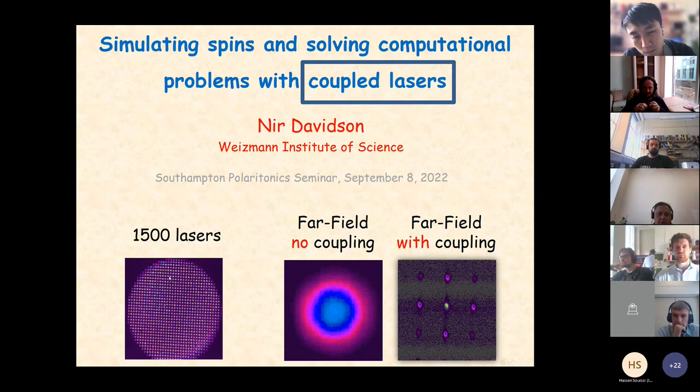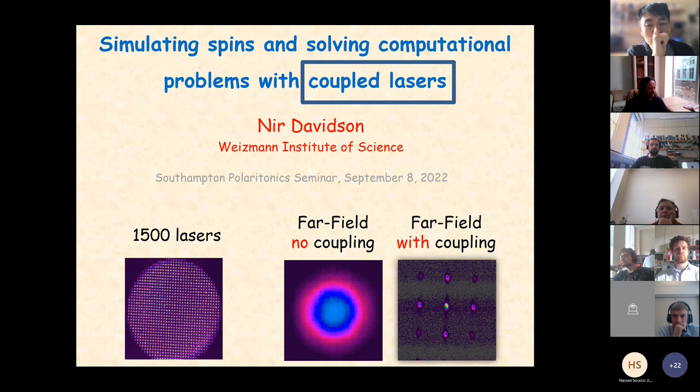Each one of these lasers is small, about 100 micron, and therefore the diffraction pattern is big. Because we have 1,500 lasers, we have to take 1,500 such diffraction patterns, but because we add them in intensity, they are just identical. So what you see here is the sum of the 1,500 diffraction patterns, which are incoherent with each other, coming from each one of the lasers.